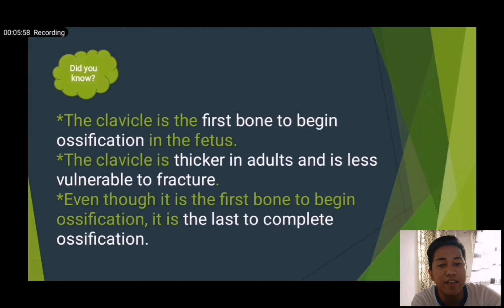Next, even though it is the first bone to begin ossification, it is the last to complete ossification. So, very well explained naman doon na siya po yung nauunang mag-form, pero siya pa rin yung nahuhuli sa pag-form. Okay?